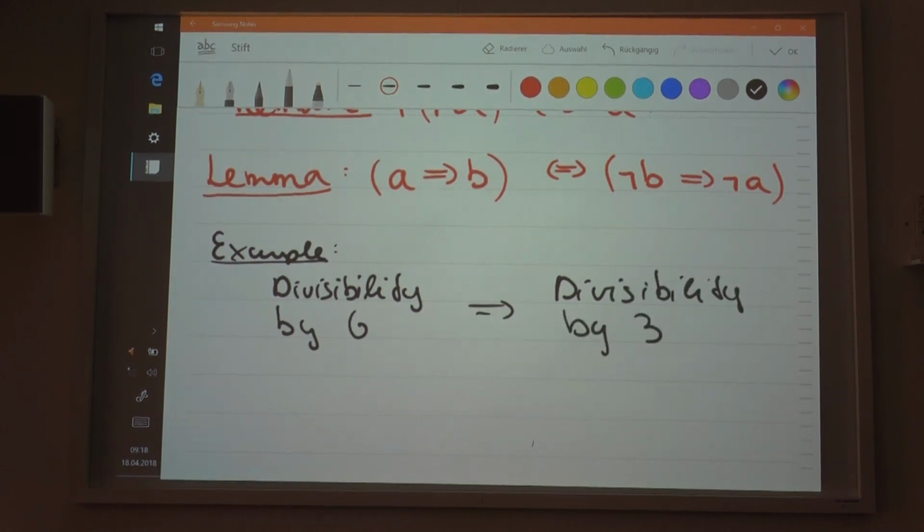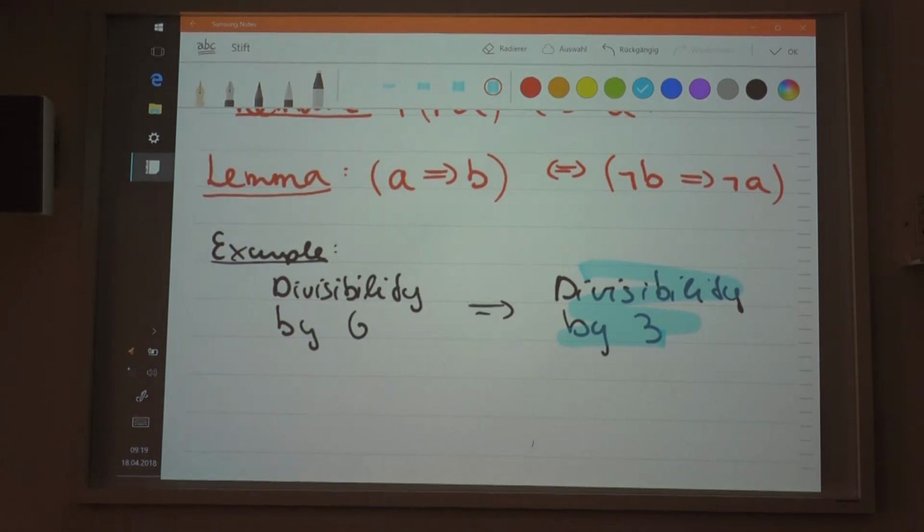Assume that you wish to prove that statement is true, that any number divisible by 6 is divisible by 3. Now here you have the option to show that if a number is not divisible by 3, so if that statement is not true, then the other statement cannot be true either. You understand?